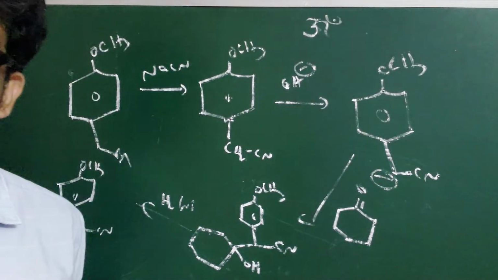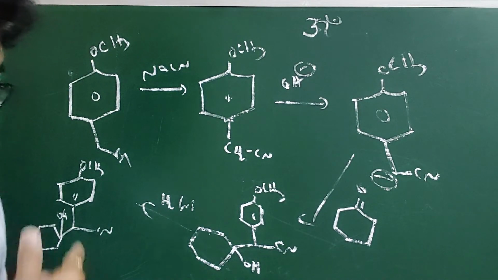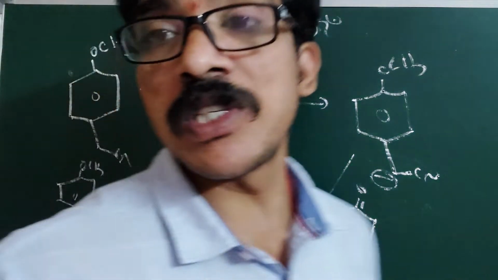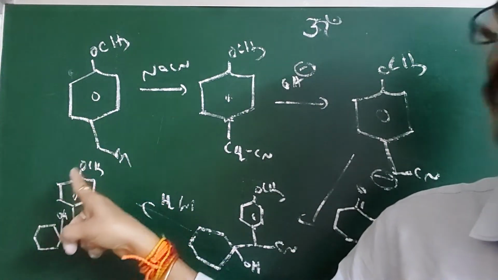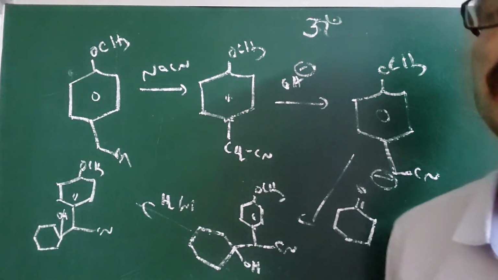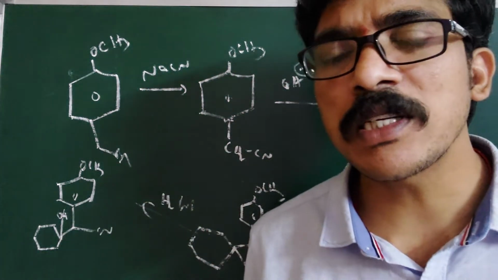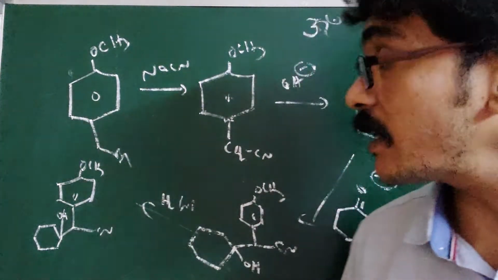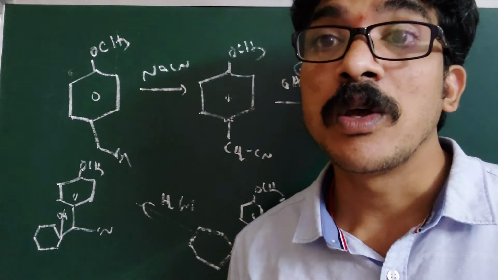Next, a very important organic chemistry question. Benzene contains OCH3, in which CH2Br is there. That reacts with NaCN. Then what is the product? When NaCN reacts with an alkyl halide, like ethyl chloride or ethyl bromide, what happens?